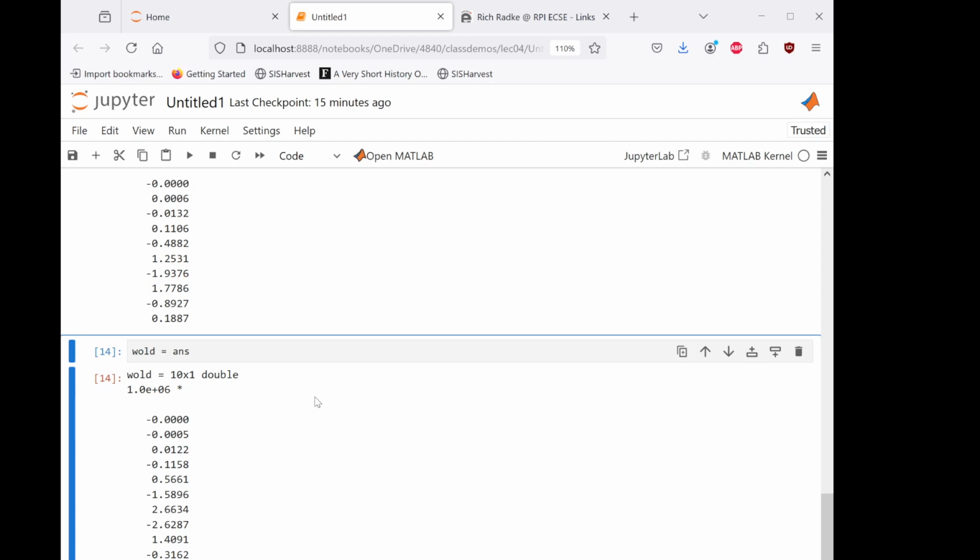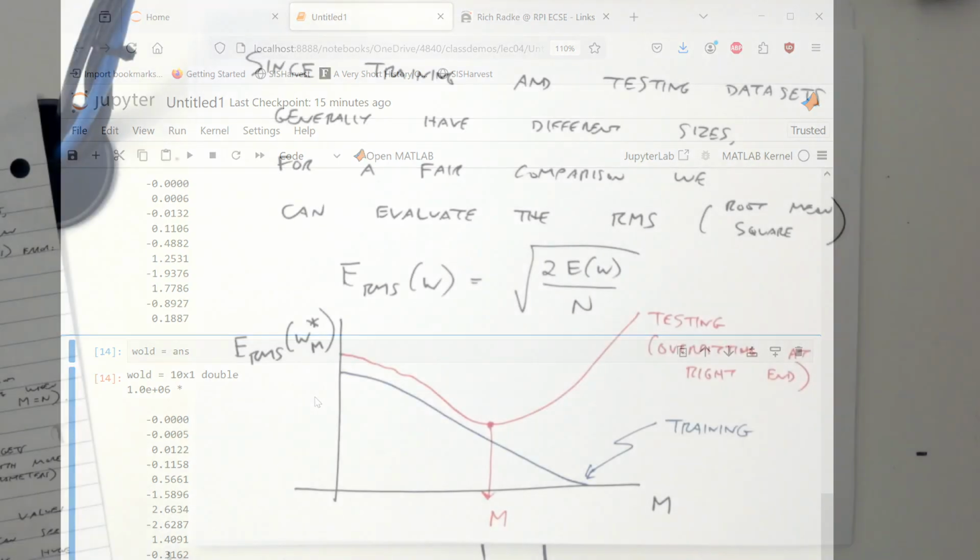In some sense, what's happening is that you're overfitting to the noise, right? So let me write that on the paper here.